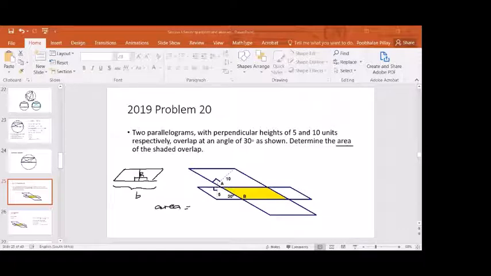Watch, you can observe a right angle triangle here, with the height equal to 5 and an angle equal to 30 degrees, right?